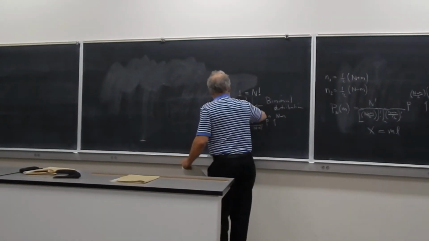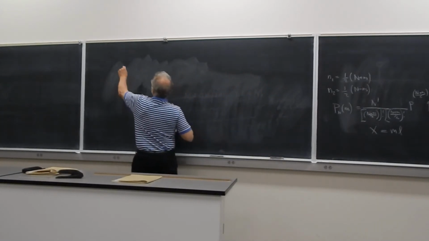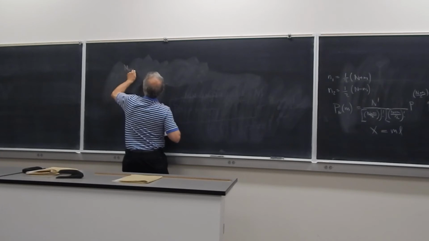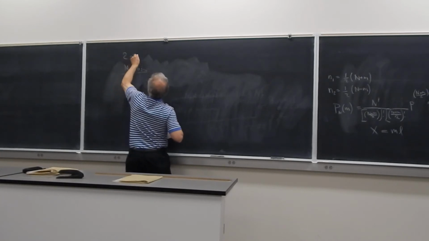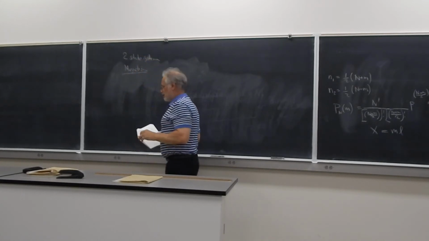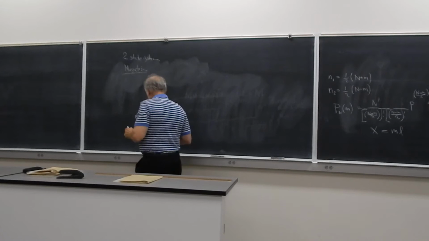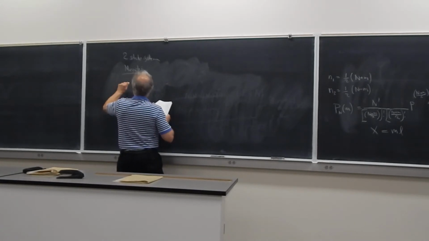Let's talk about magnetism. So a good example of a two-state system, and we will talk about this topic many, many times during the course of the class. An atom can have spin up or spin down.